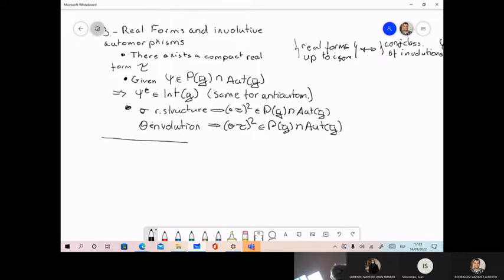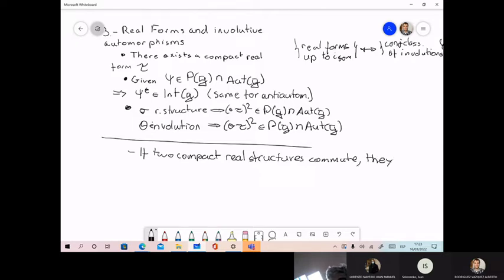is to prove the following: that if two compact real structures commute, they are equal.